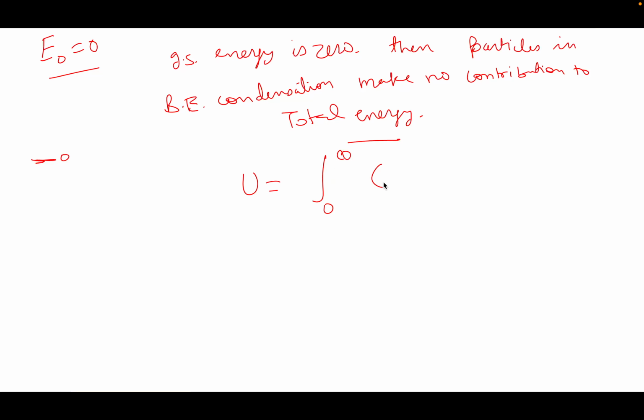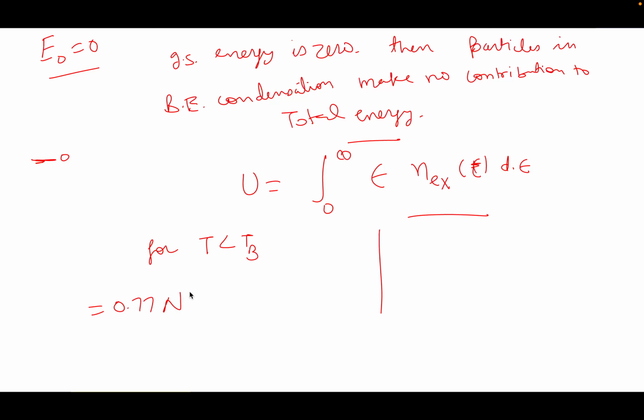So this will be equal to U, the internal energy, that is the integration from 0 to infinity of the excited state function of energy E dE. For temperature less than Tb, it is equal to 0.77 nkBT (T by Tb) to the power 3/2.